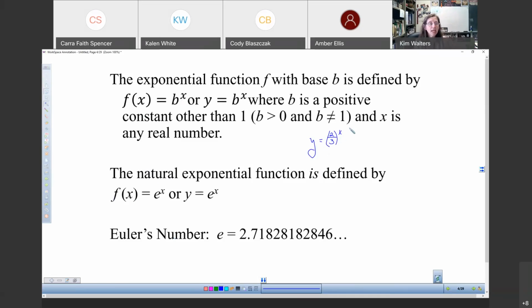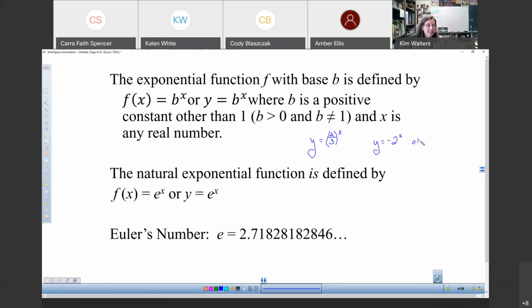Okay, so what we're changing is our exponent, and that's why it's called an exponential function. Now it says that b has to be positive. I could have the function that looks like this, -2 to the x power. That is legitimate because -2 is not raised to the x power, just 2 is raised to the x power.